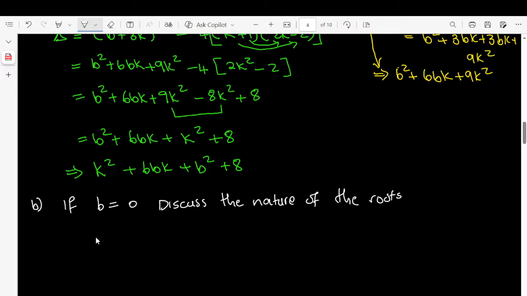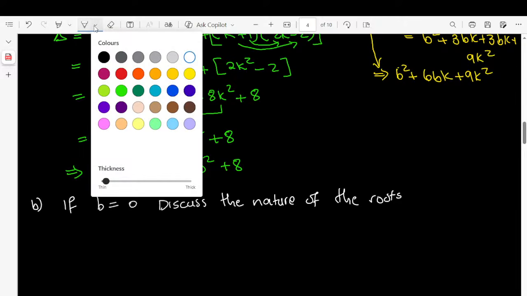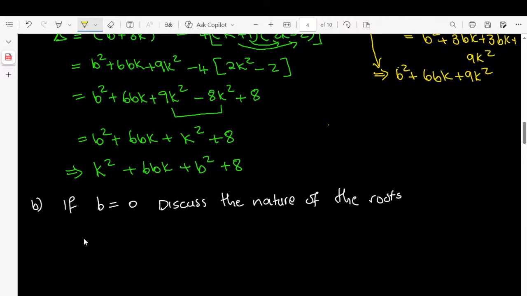I'm not going to waste too much time on this one, because I'm given B as 0. So what will be the nature of the roots? What will be the discriminant? First things first, I need to put 0 where there's B.